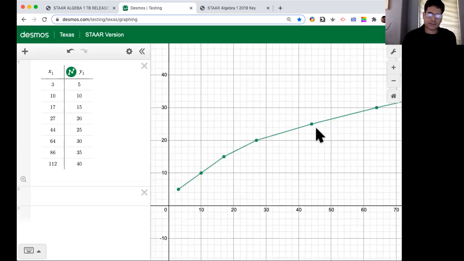Text messages, time. Okay. So what can we make from that? Number of text messages over time. All right, let's see. 10, 10, 17, 15, 27.